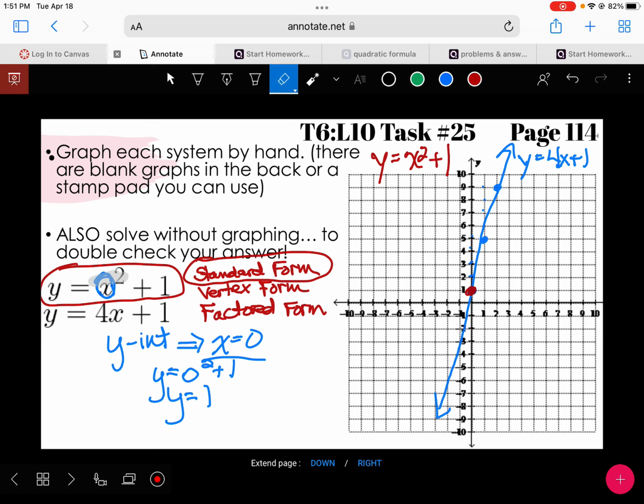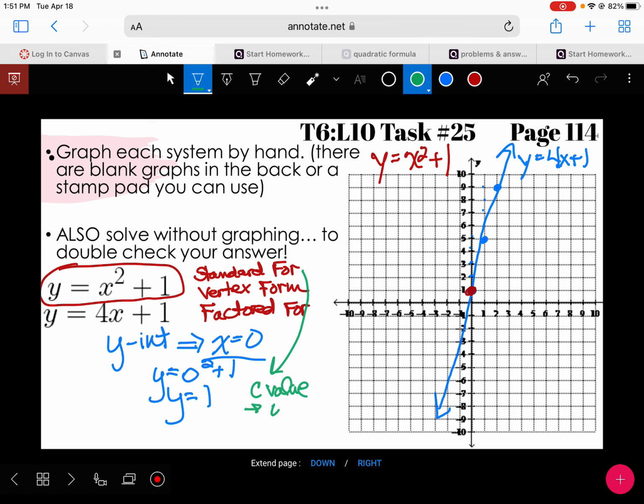So I think what we have talked about before is that when you are in standard form, the C value is going to be your y-intercept. That's really the big thing that standard form helps us with, okay?